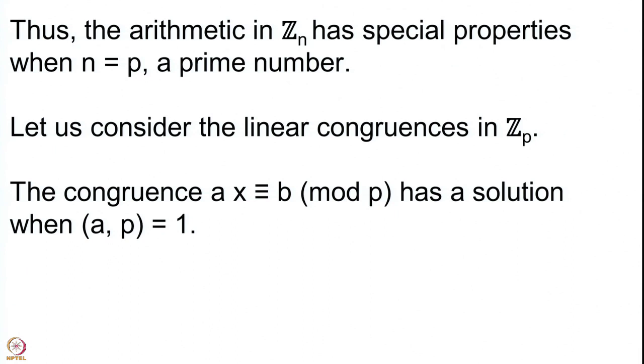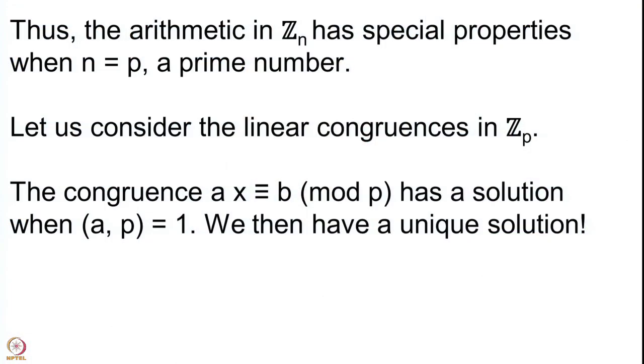Now, p has the property that when you look at Z_p, only the 0 is the one which does not have GCD equal to 1 with p, but all other numbers have GCD equal to 1 with p, and therefore ax equal to b mod p will have a solution whenever a is not 0 in Z_p. And of course, because the GCD is 1, we have a unique solution.